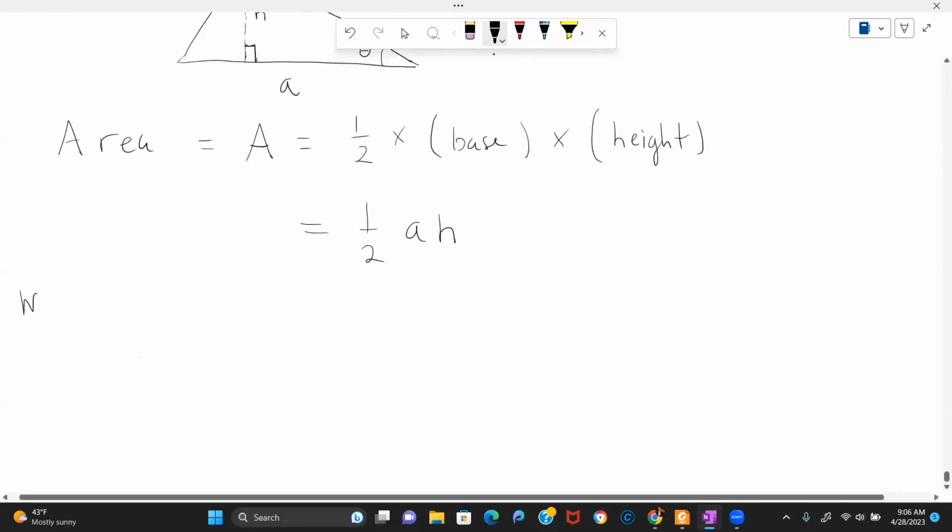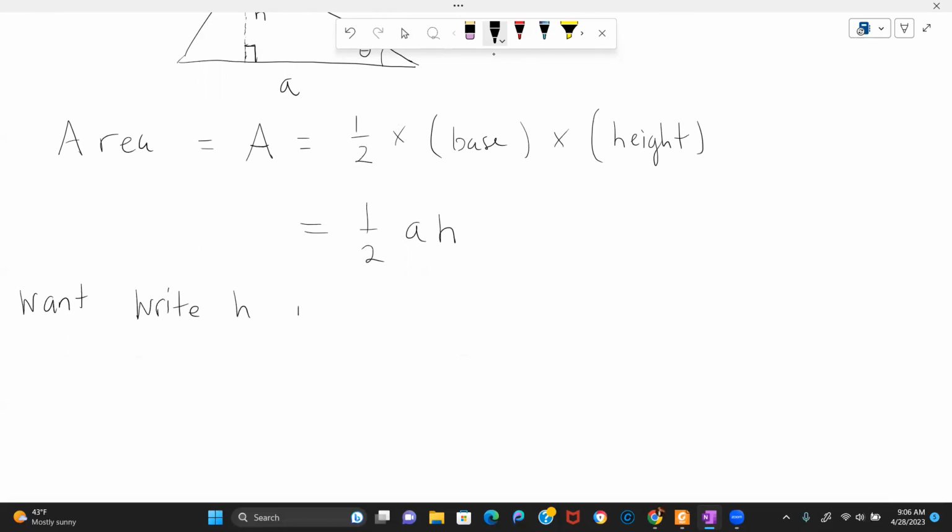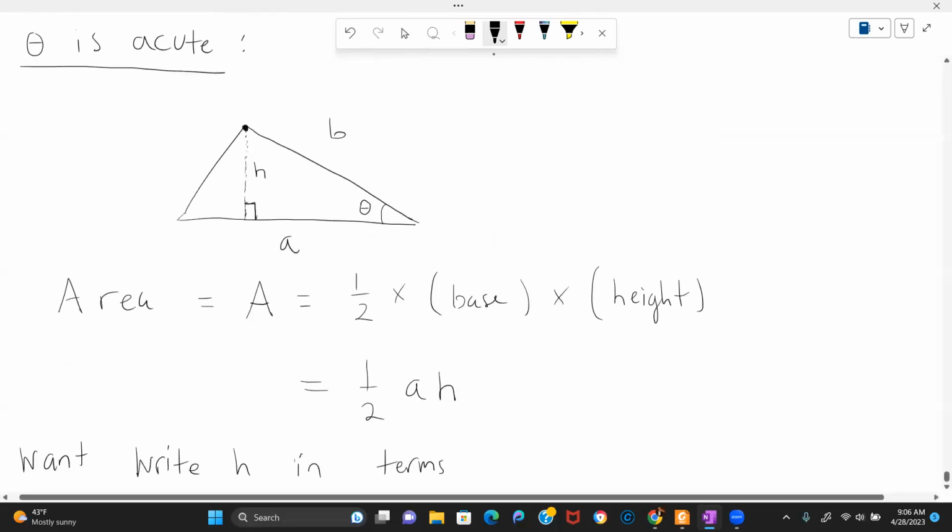So what we want to do is write h somehow in terms of the given data, because what we're given is A, B, and theta. That's the data that we're given, basically, and we want to be able to compute the area from that.